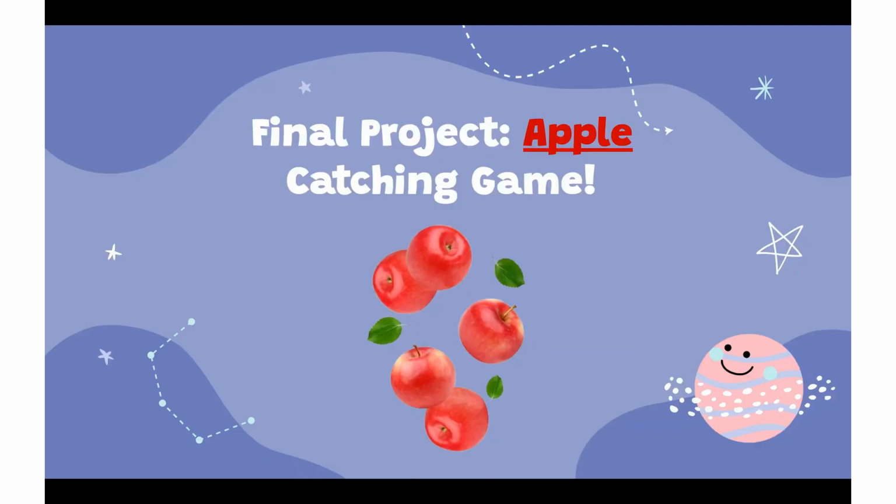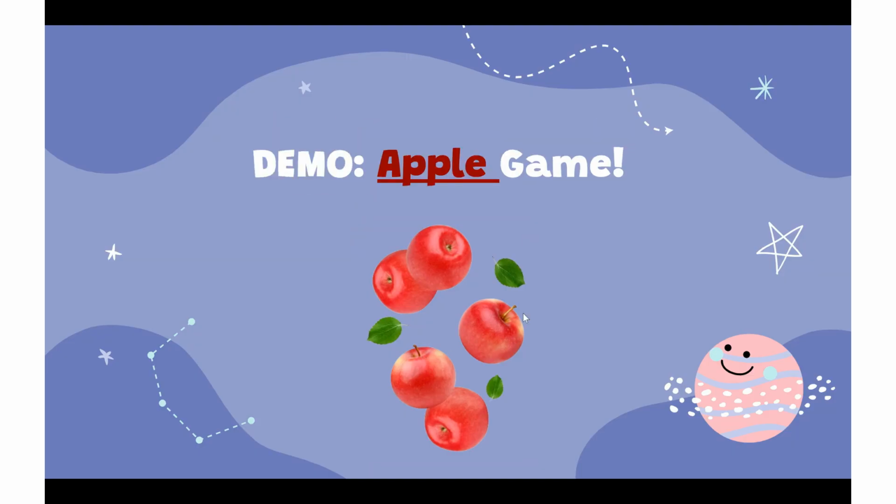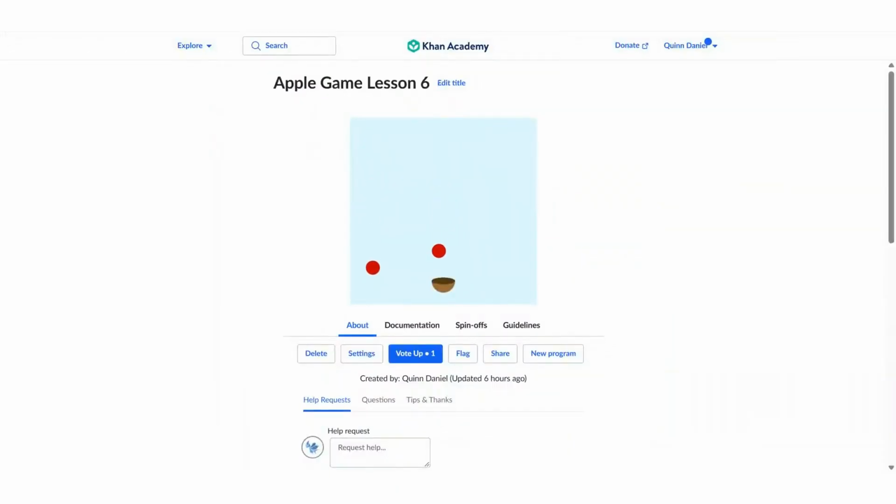Now we're going to start our final project, which we will be working on for lessons 4, 5, and 6. Let's do a quick demo. There'll be multiple apples falling, and you'll have a wooden bowl catcher, and your goal is to catch the apples, just like this.